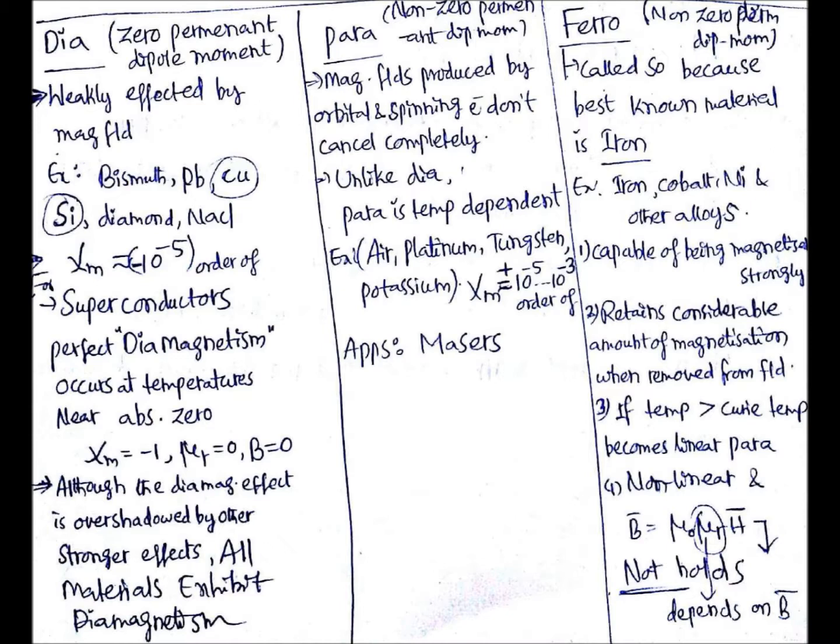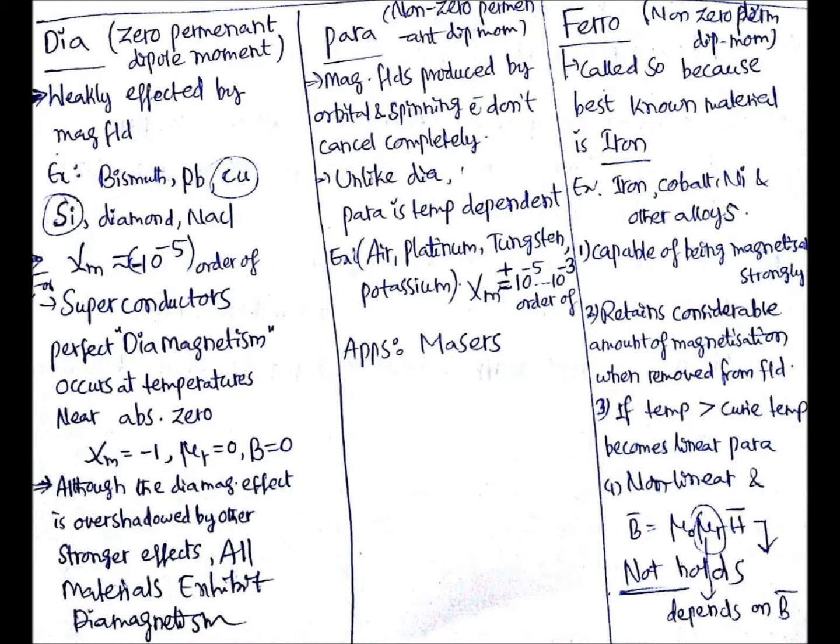And para is temperature dependent, unlike dia. Diamagnetic materials are temperature independent, meaning their characteristics don't vary with temperature, whereas para is temperature dependent. Also, examples of ferro are iron, cobalt, nickel and other alloys, right.